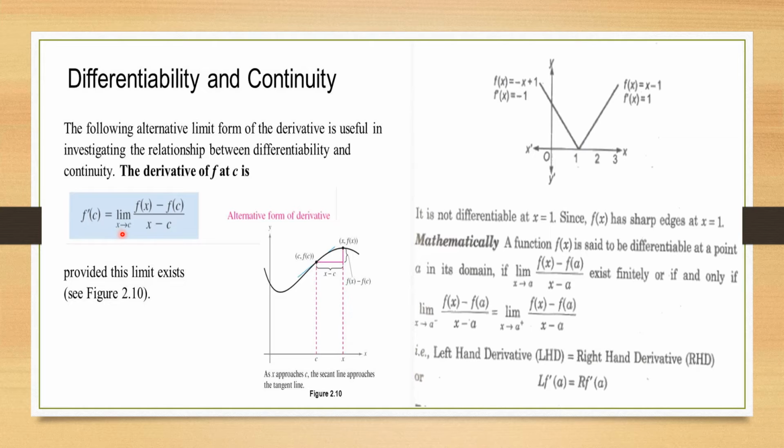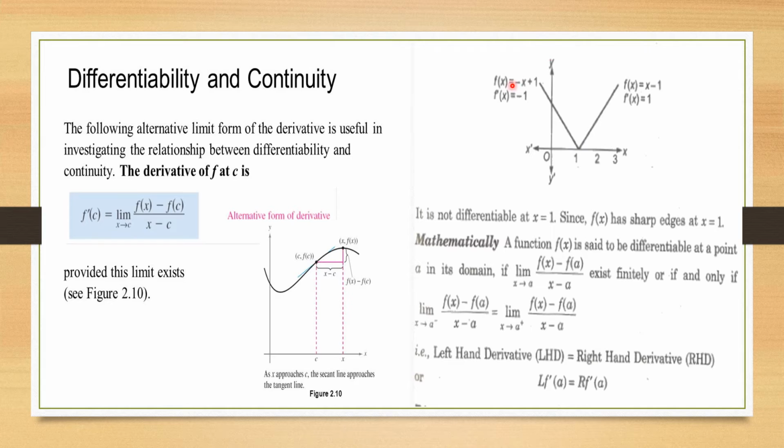And you know how to evaluate the right hand derivative and left hand derivative. For the left hand derivative, I'll put x as c minus h, and for the right hand derivative, I'll put x as c plus h. And as we go for the continuity checking, we will go for the checking of the differentiability. So this has already been studied by you as the first principle in class 11.